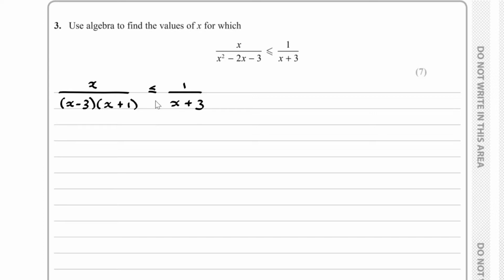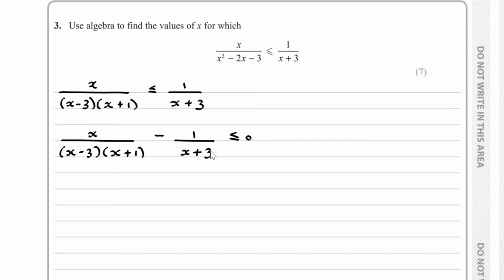And if we take everything over to one side, we have x over x minus 3 lots of x plus 1 minus 1 over x plus 3 being less than or equal to 0. Okay?